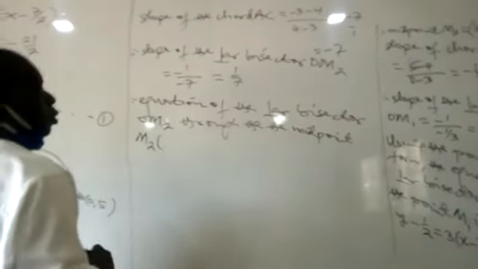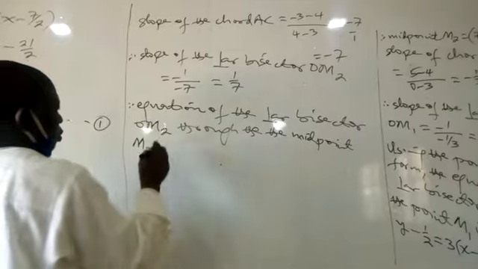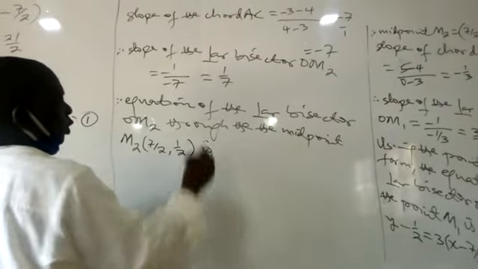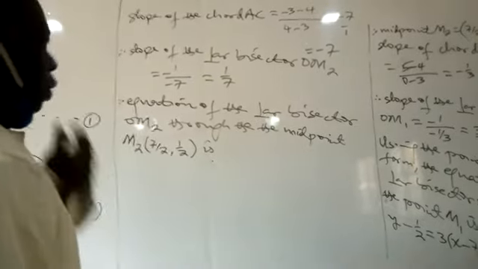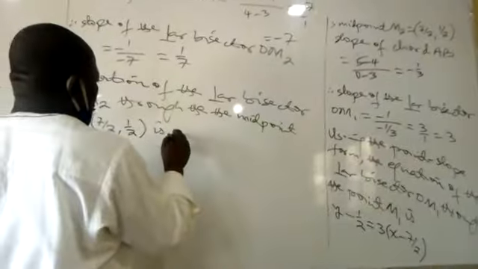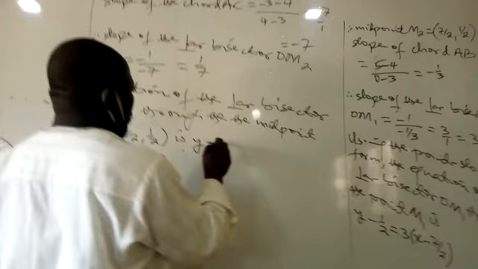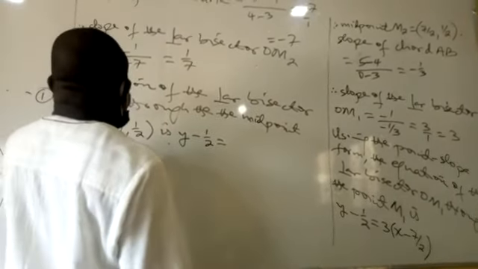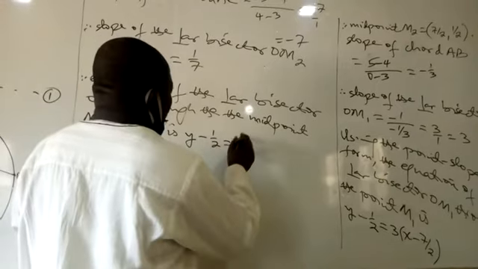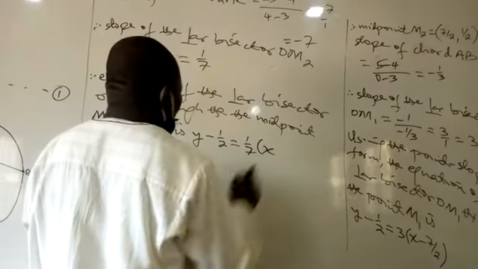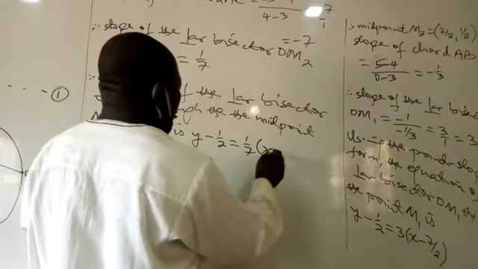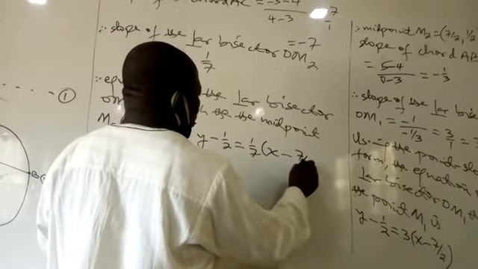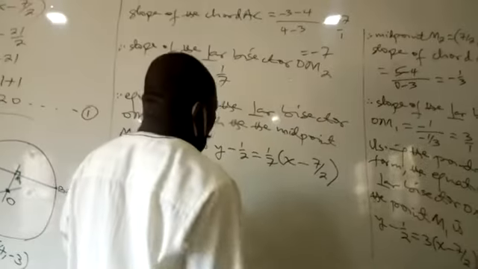7 over 2, half, is y minus half is equals to m, in this case 1 over 7, into x minus x2, where x2 in this case is 7 over 2.